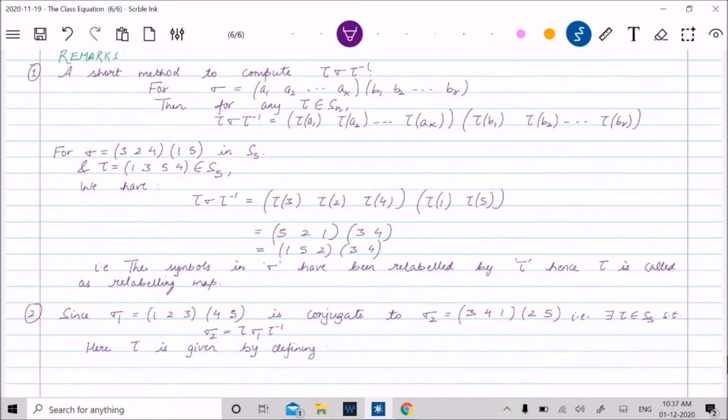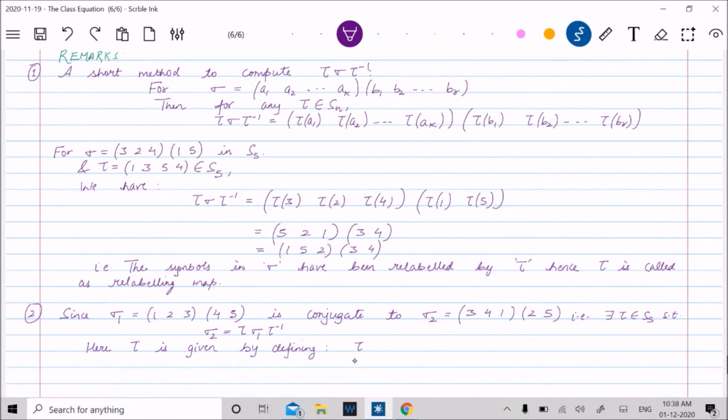Now, Mridul, you want that tau relabels 1, 2, 3. You want that 1 relabels to 3. Yes or no? Yes, sir.